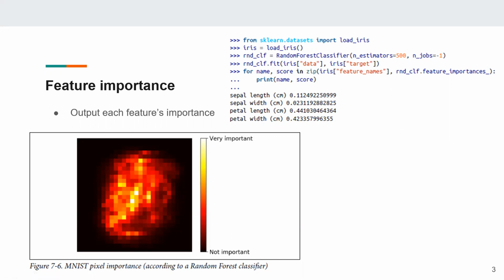And as a result, if we consider each small square to be a pixel, the outside of this image, the dark areas, are not as important as what's happening in the middle.